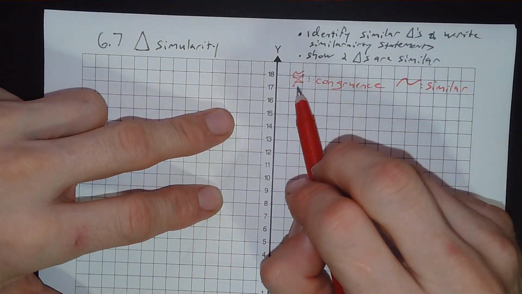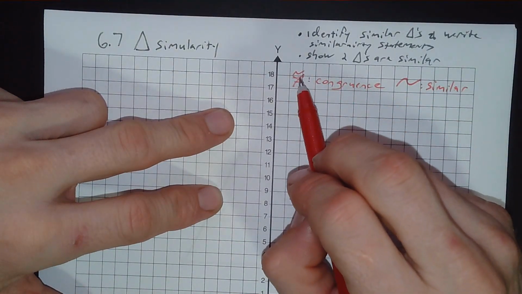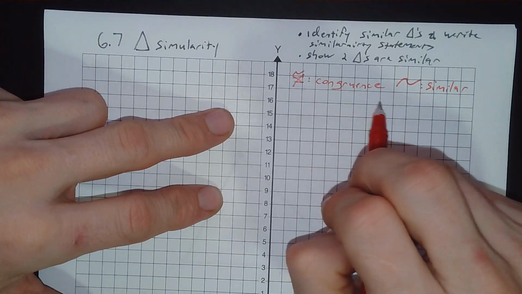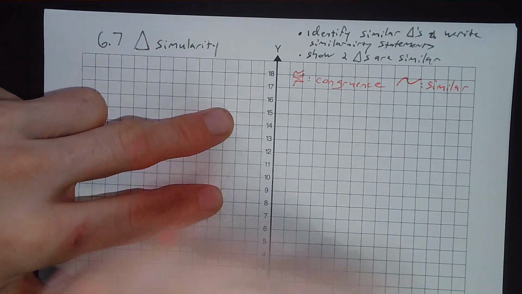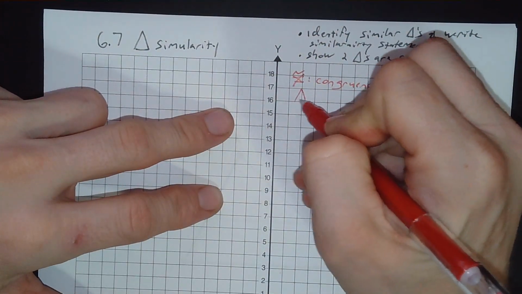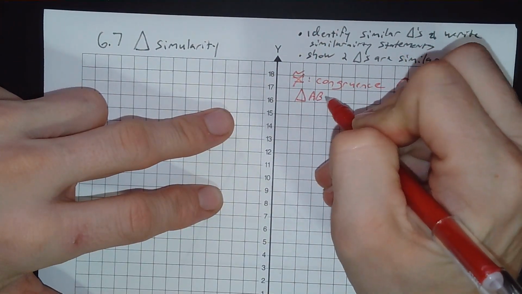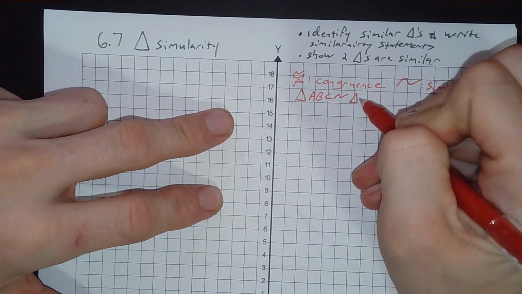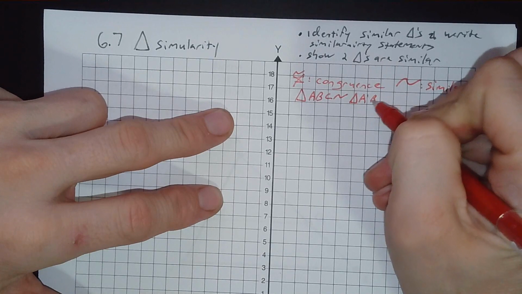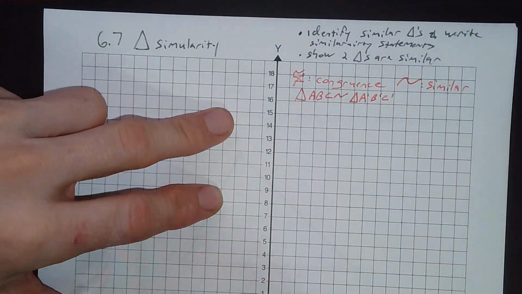So with congruence, I take away the equal sign, and we now have a similar symbol. So if I said triangle ABC is similar to triangle A prime B prime C prime, that's how I would write it.